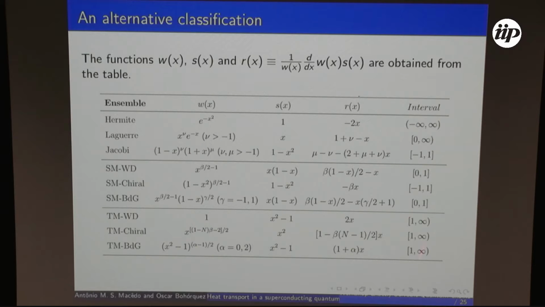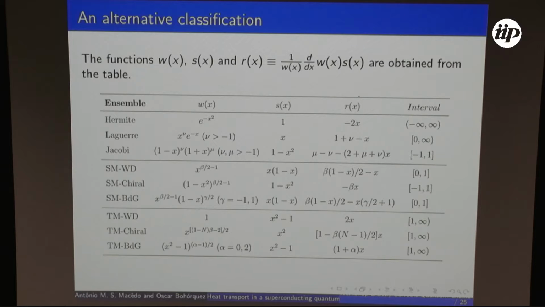This is the interval where the variable X is defined, and here are all the classes. And on top of the classes, we can also make a classification of some classical random matrix ensembles, like the Gaussian ensemble, the Laguerre ensemble, which you can write in terms of Wishart matrices, and the Jacobi ensemble.